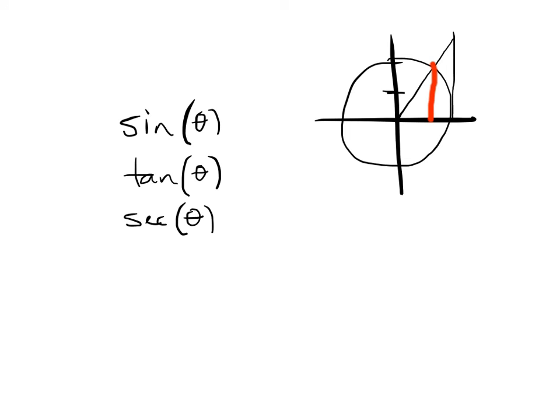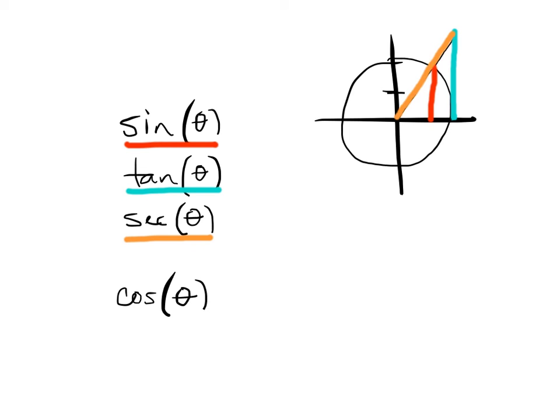Sine of theta, tangent of theta, secant of theta. So secant of theta is this, tangent of theta is this, and sine of theta is this.